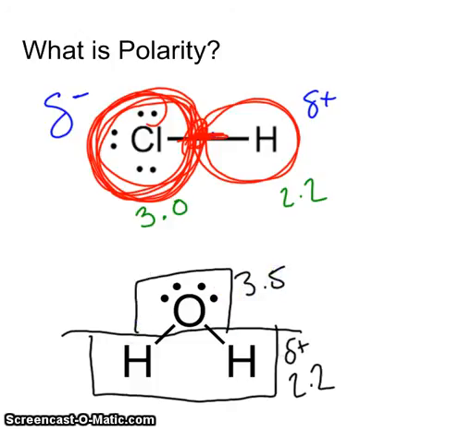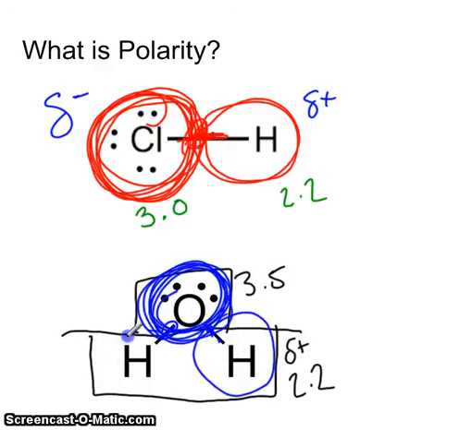That makes this molecule polar. So the electrons being shared between the hydrogen and the oxygen are going to be found more around the oxygen than around the hydrogen. So that means the oxygen is the negative side of this. This is the negative pole.